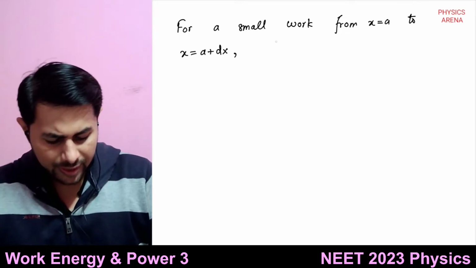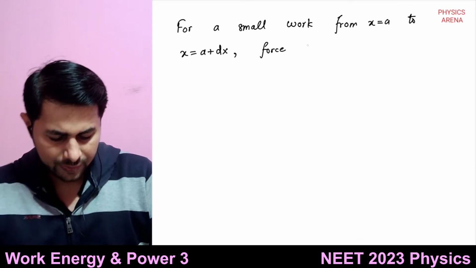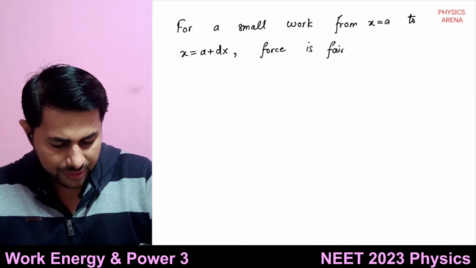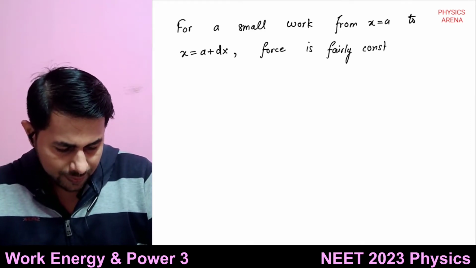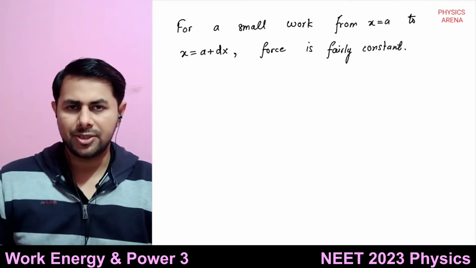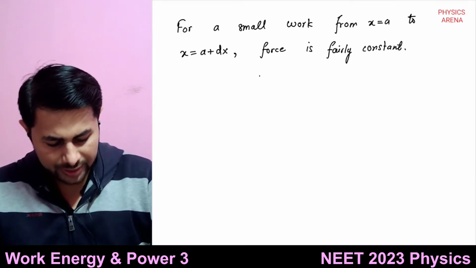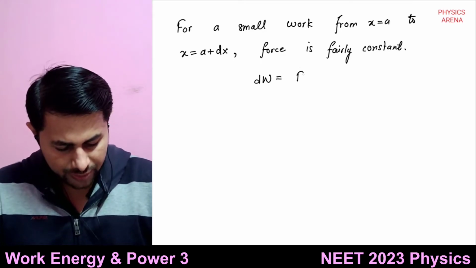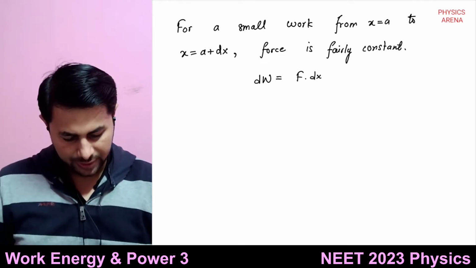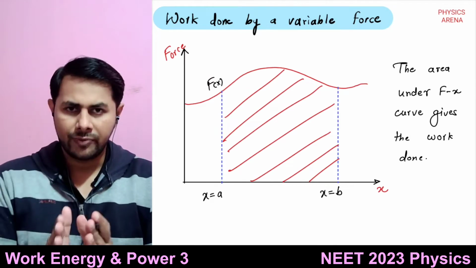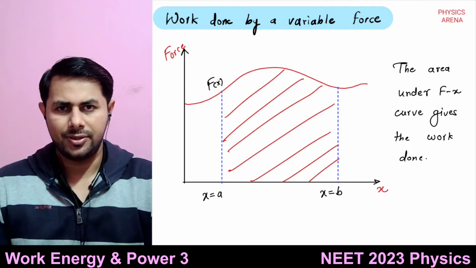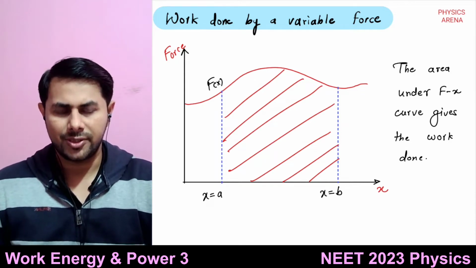We can say that the force remains constant. If the displacement is very small, the work dW is equal to f dot dx, right? So if you take a very small displacement, the force doesn't change much.